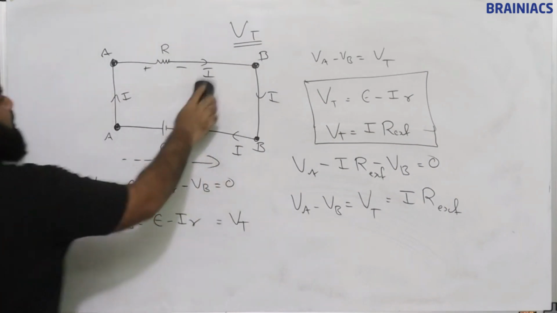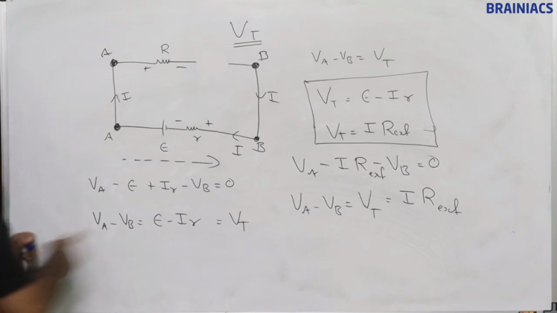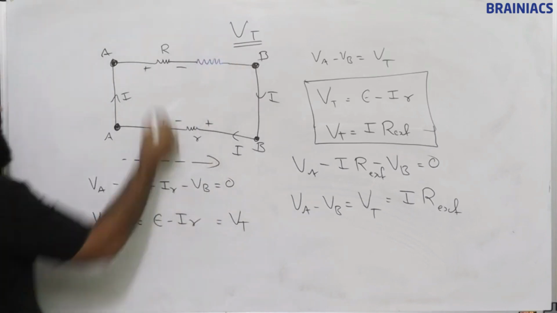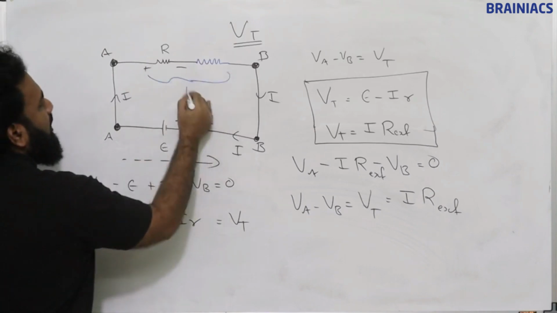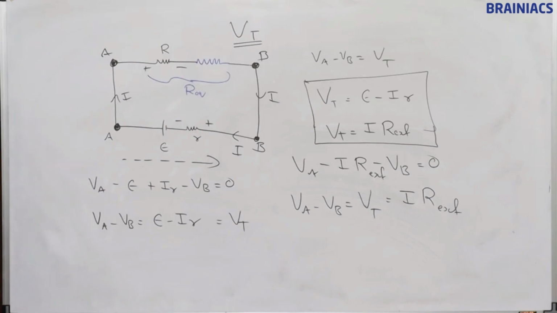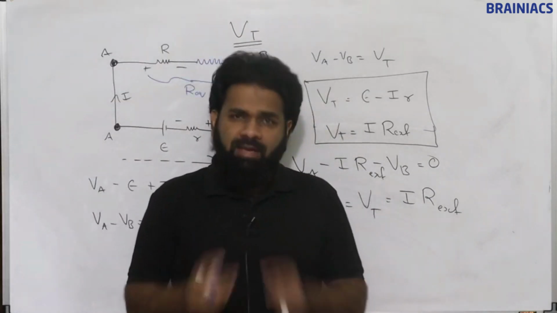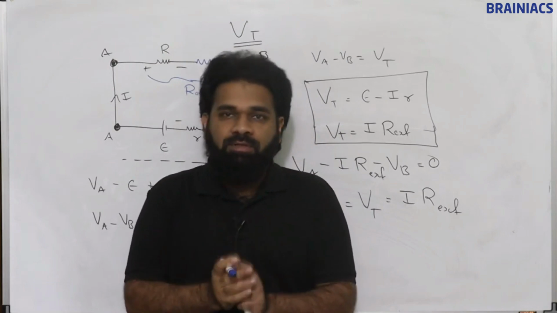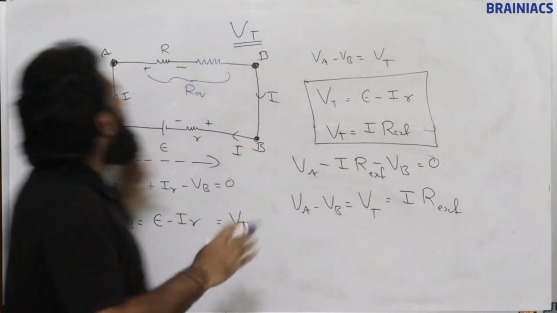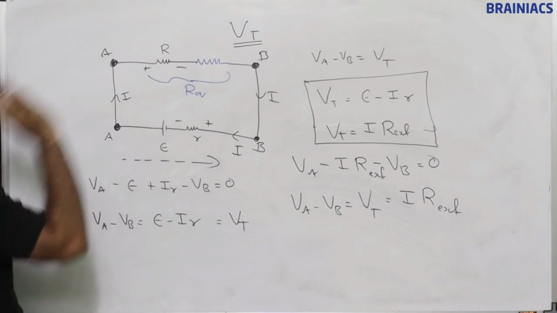Now suppose I put another resistance. What will happen? We need to take the total resistance. The terminal potential difference is not the voltage across any one resistance. It is the voltage across the full external circuitry, whether series resistance or parallel resistance or whatever it may be.